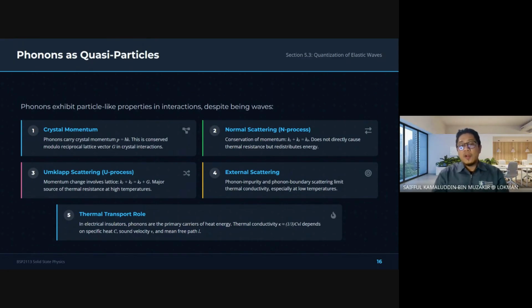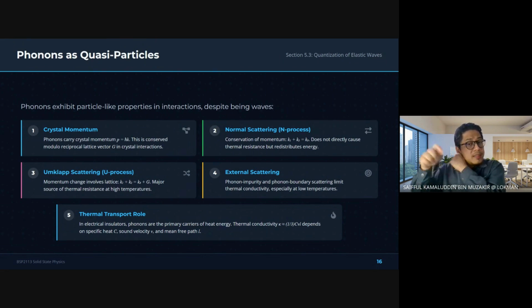Just like light, phonons carry vibrational energy through the solid. The packet of light is called a photon, which carries the energy of light, but a packet of phonon carries the vibrational energy, which propagates through the solid. So phonons also play a major role in thermal properties.